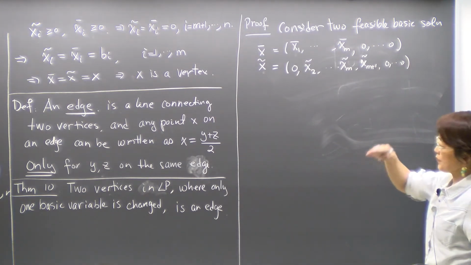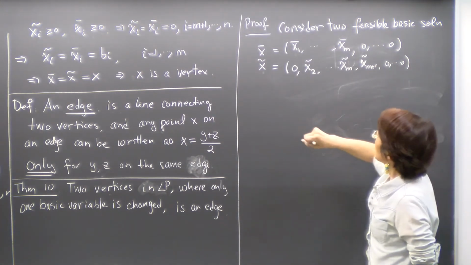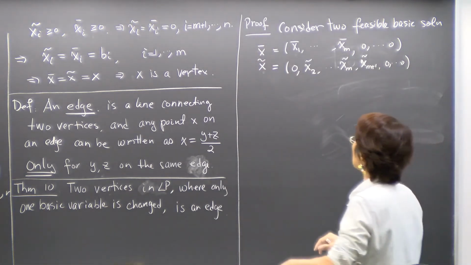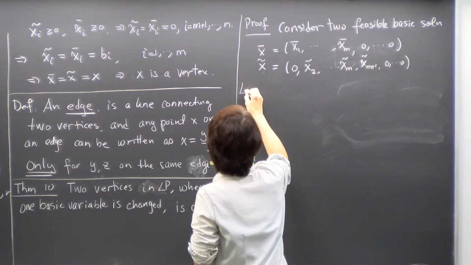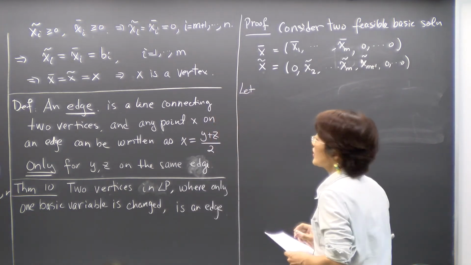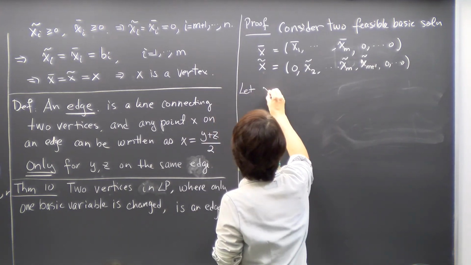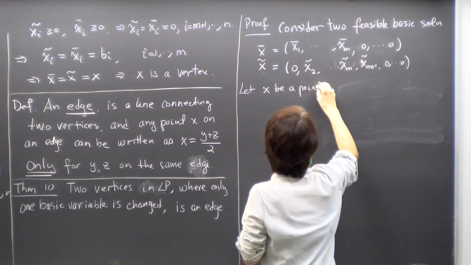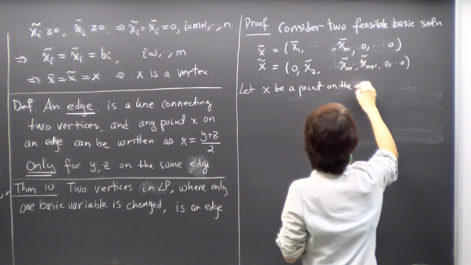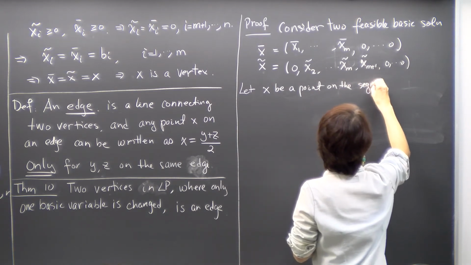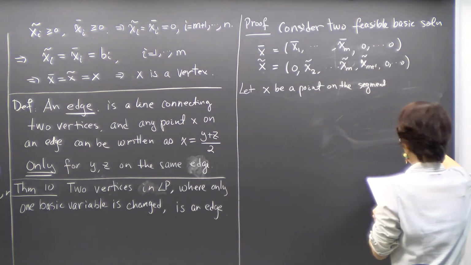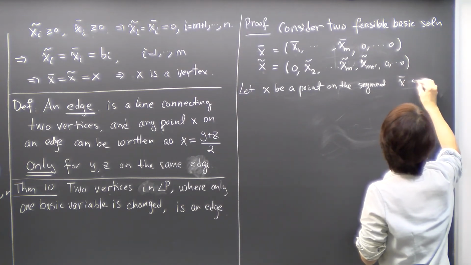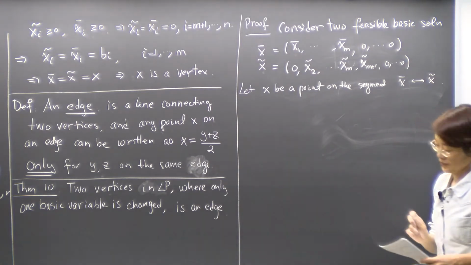Okay, and from the previous theorem, we know these two are vertices. Now I'm going to connect them, and I'm going to pick a point along the segment. So let x be a point on the segment connecting x bar to x tilde.